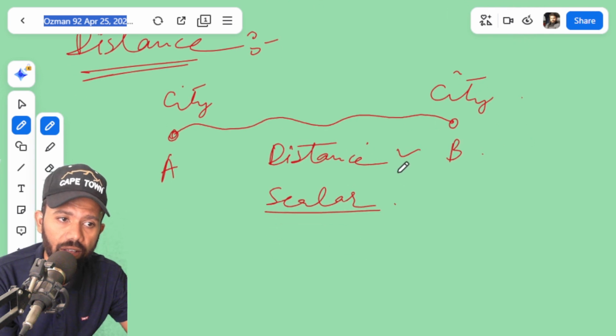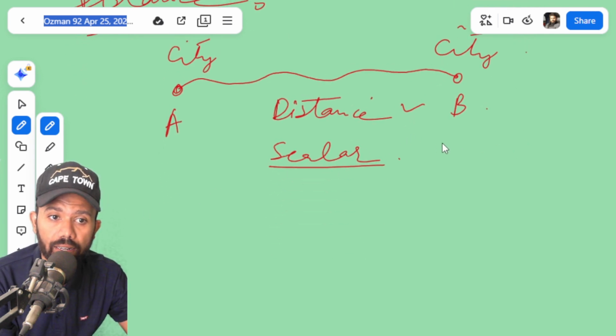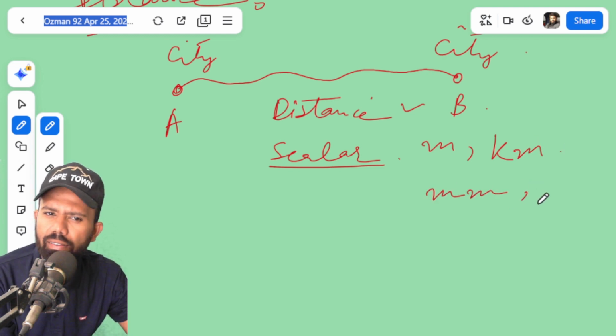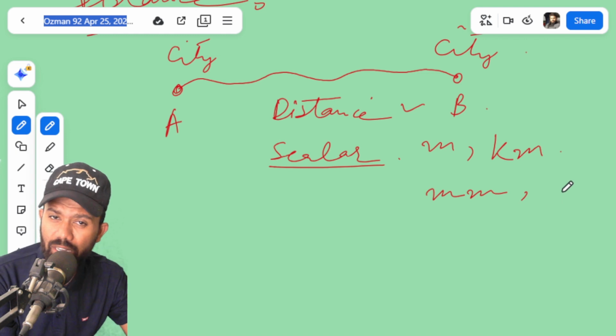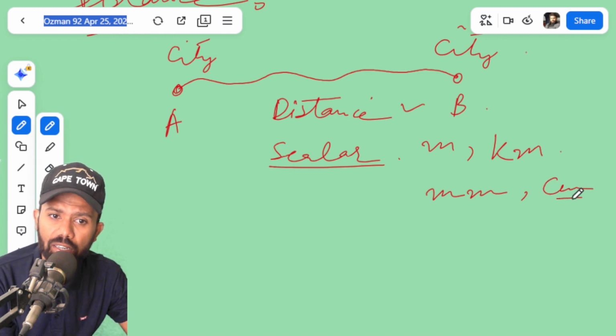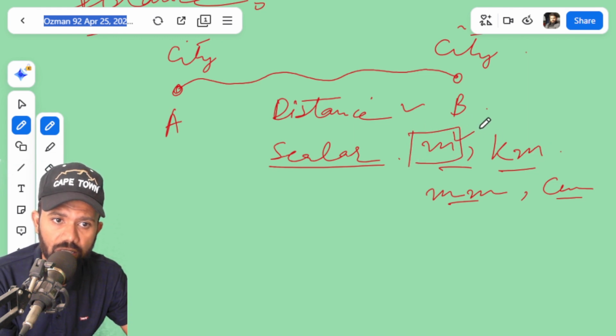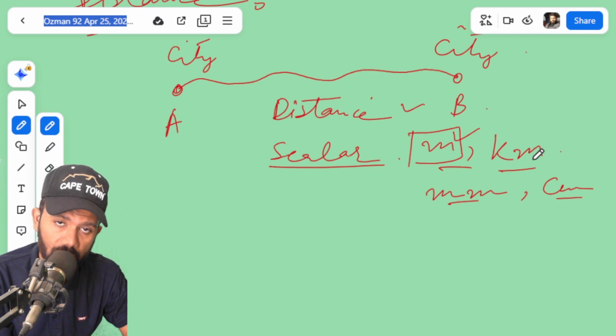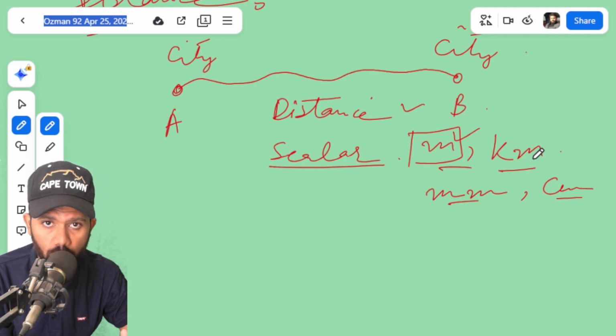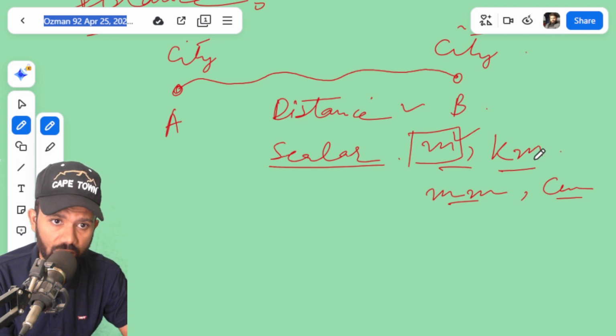It is measured in meters, kilometers, millimeters, decimeters, and centimeters. These are all units of distance, but the SI unit of distance is definitely meters, but we can use alternative units depending on the situation and circumstances, right?